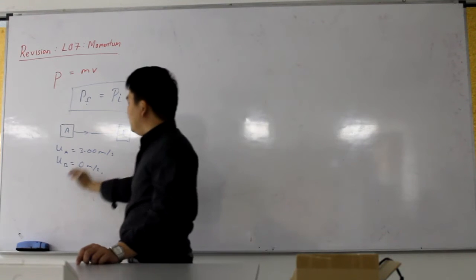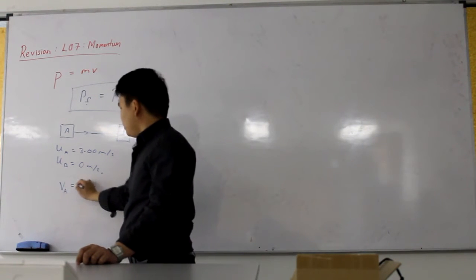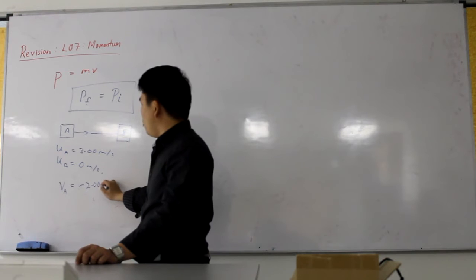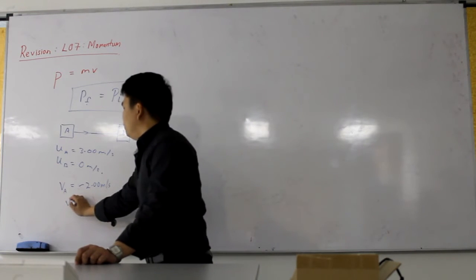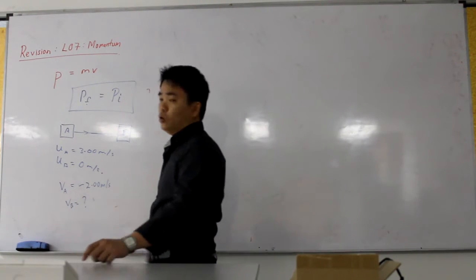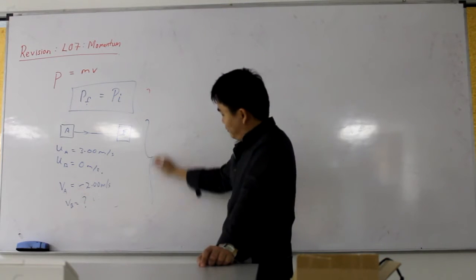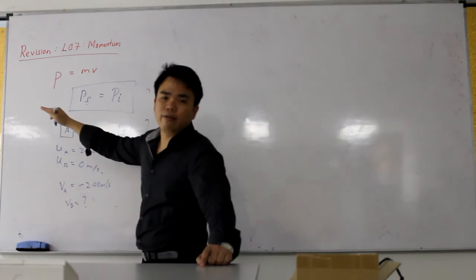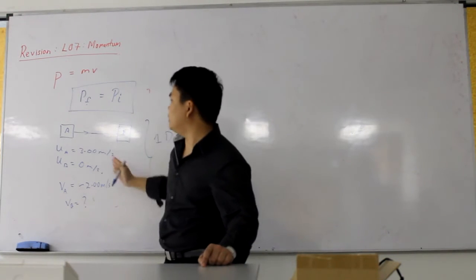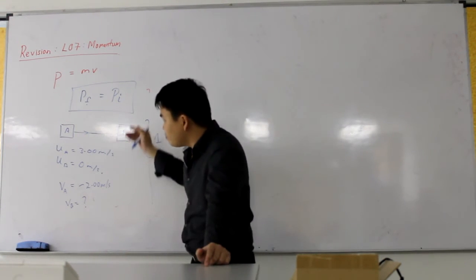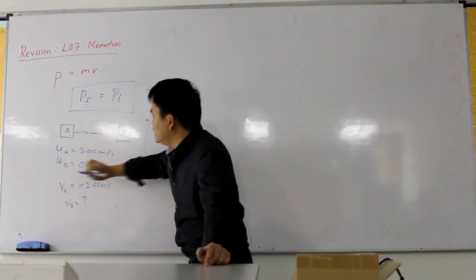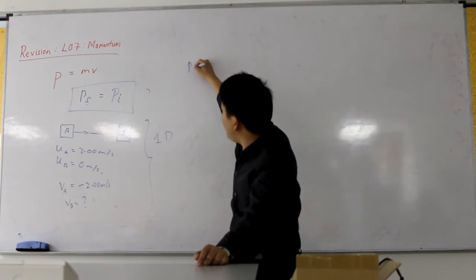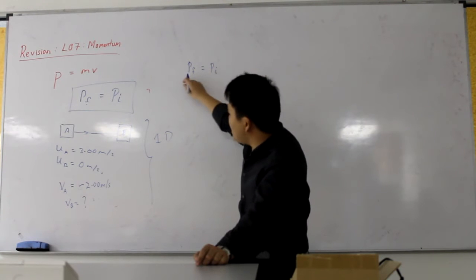After that, VA becomes negative 2.00 meter per second. Then what is VB? This is something you have done before also. For the 1D question, 1D means only one direction, either left, right, or up, down, something like this. So for this case, you don't need to consider too much, but you just need to know that PF equal to PI, and PF is what?